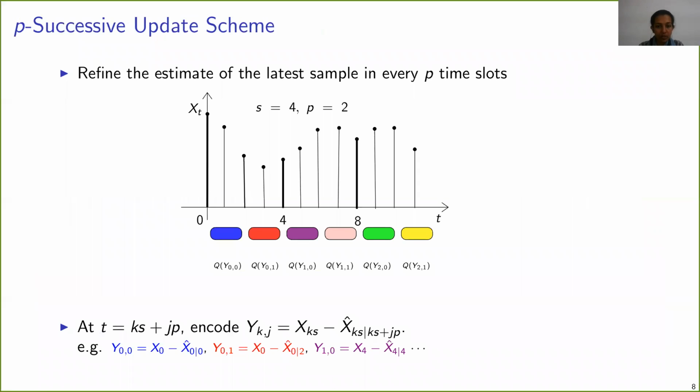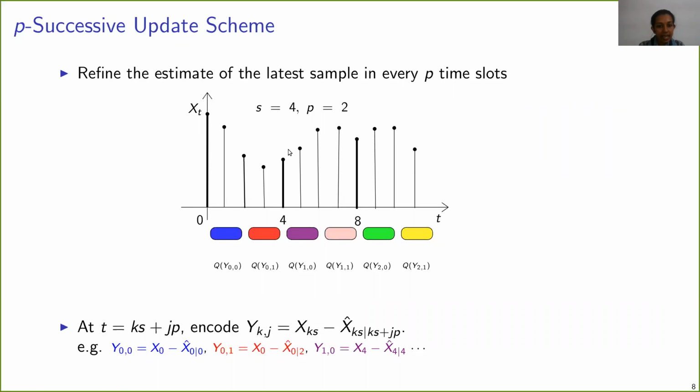Incorporating these updating strategies, we propose the following encoding scheme that we call the p-Successive update scheme. Here, the main idea is to fix an update period p and refine the estimate of the latest sample in every p time slots. For illustration, in this picture, we have used the sampling period to be 4 and the update period to be 2.